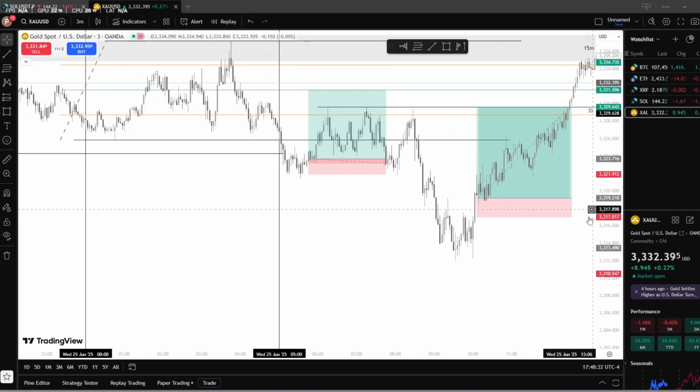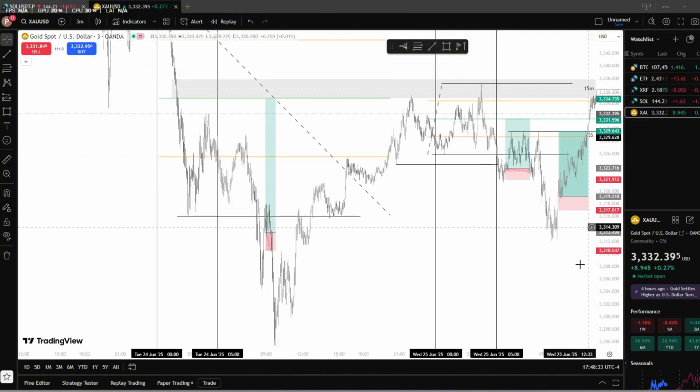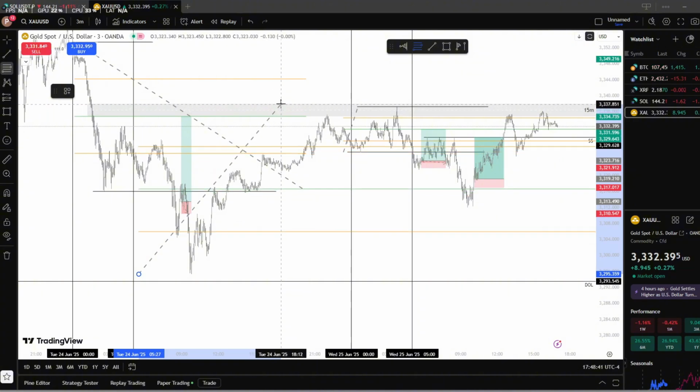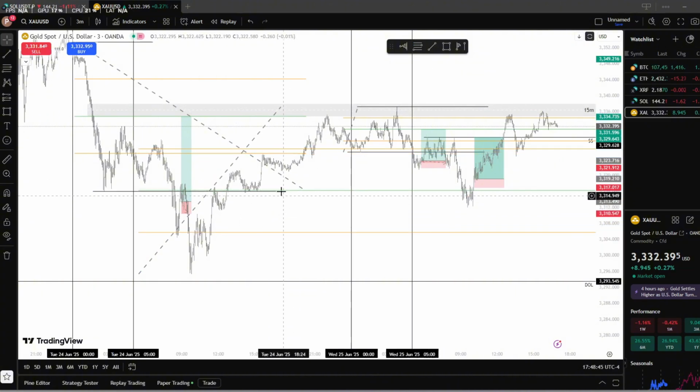So this second trade was very interesting. If I just zoom out here a bit more, get rid of some of these lines that we don't necessarily need, and draw this from the high to the low, we can see the resting liquidity here is this area.